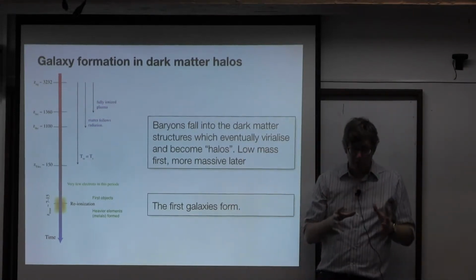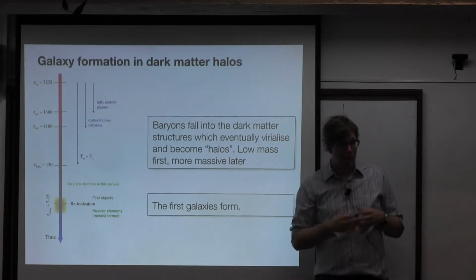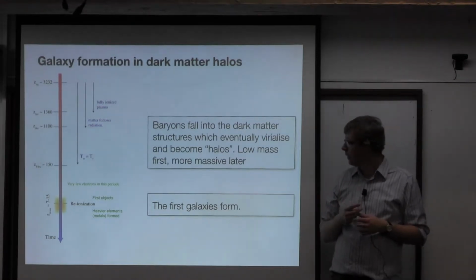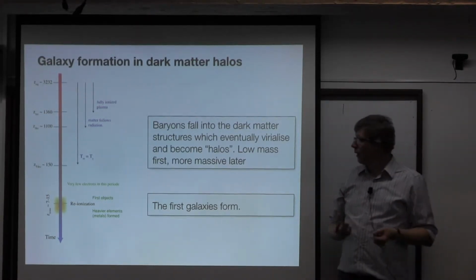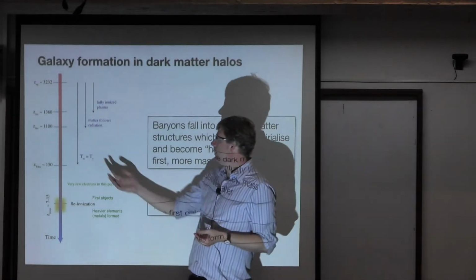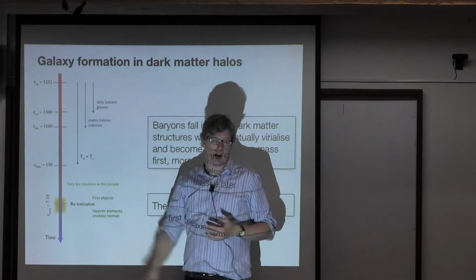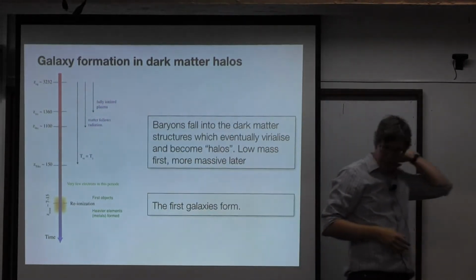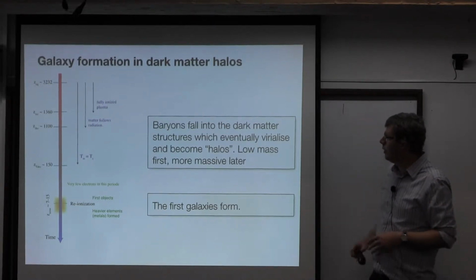And at the very early times, the energy density in radiation, we'll look at that in a second, was by far the dominant energy density. At some point, that changed. But for a while, there was still an ionized plasma. I will go through all those things after the break in the next lecture.